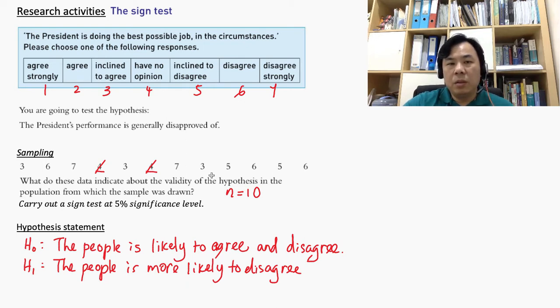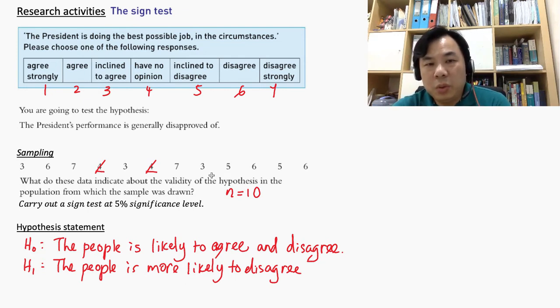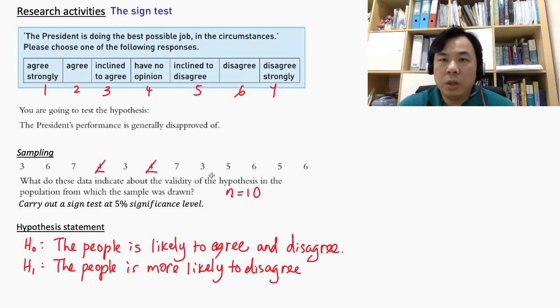So just at a glance, we can say that most of the respondents would generally disapprove of the president's performance. Just by looking at the data itself, generally speaking, the president's performance is generally disapproved of. That means the people are more likely to disagree that the president is doing his best possible job. I hope that is clear.